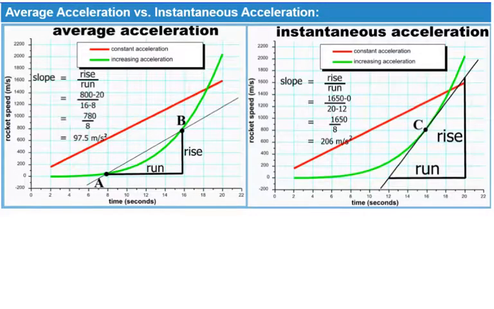Here's some average and instantaneous acceleration. So if you have a velocity over time graph, the slope of the graph is going to be acceleration. So if you look for the average acceleration, you take initial velocity, you take final velocity, and the rise over the run is going to be your acceleration.